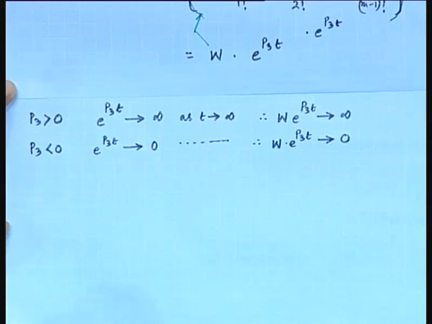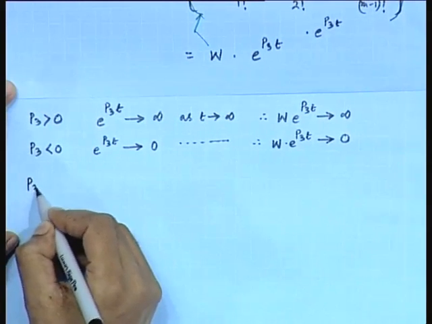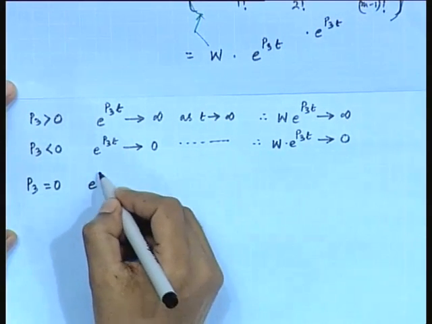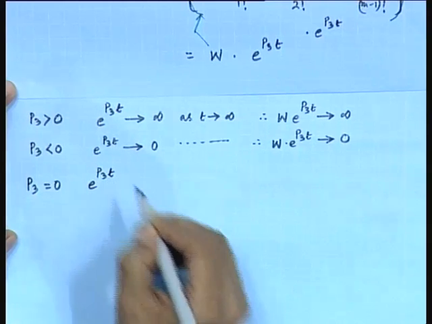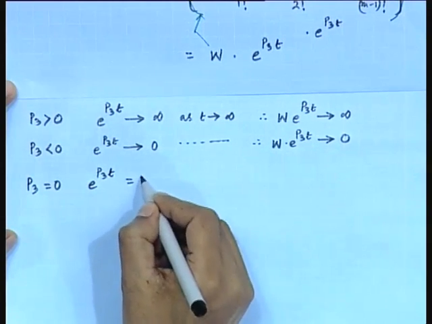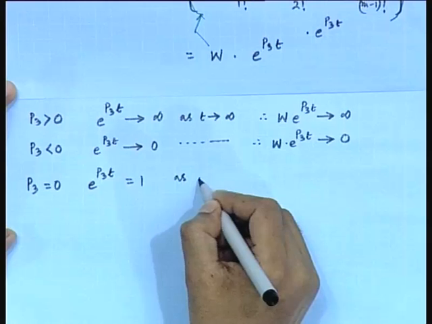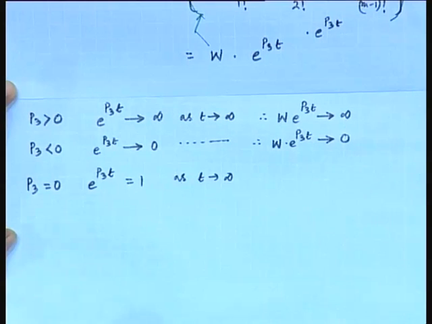Fine. And in the third case, if we consider P3 equal to 0, exponential of P3 t becomes unity, becomes 1 as t tends to infinity.